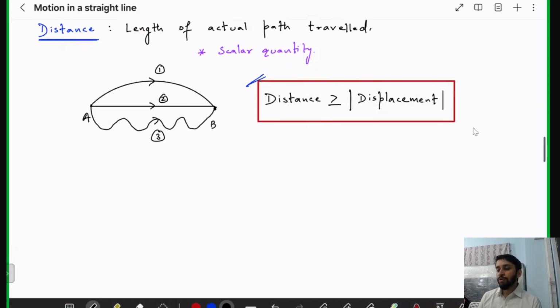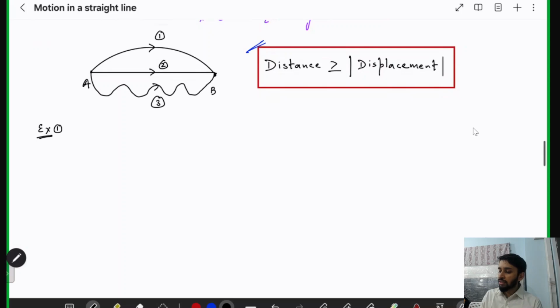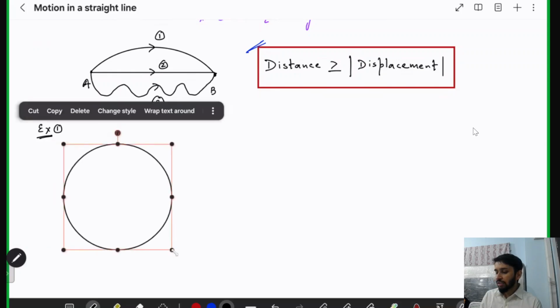Now what we are going to do is take a few examples. Let us see the first example. I will start with some basic examples. So the first example is, suppose I take a circle. So this is a circular path.